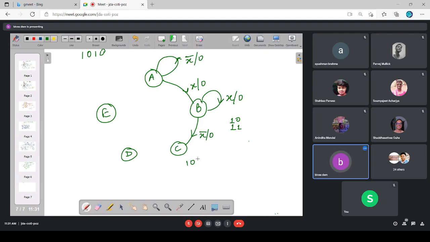Then if a 0 comes, what will be the inference? A. Out of sequence. If a 1 comes, D.